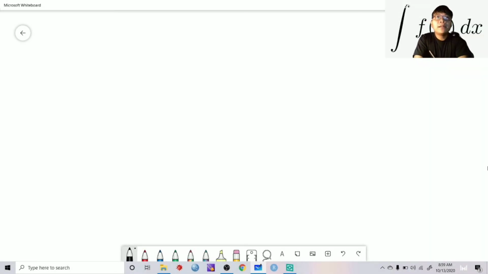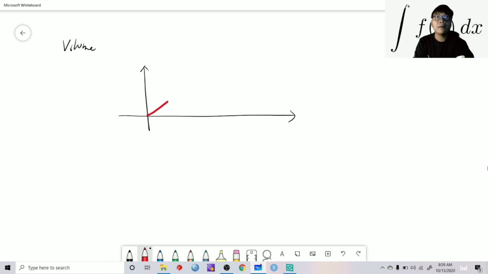Alright, so let's talk about volume. We already know that in order for us to get this function, let's have f of x equal to, let's say, x squared.